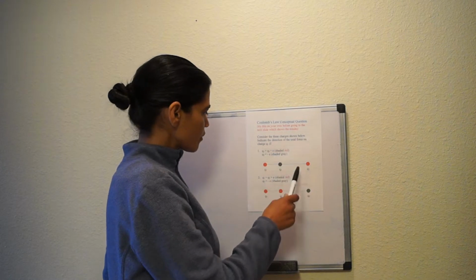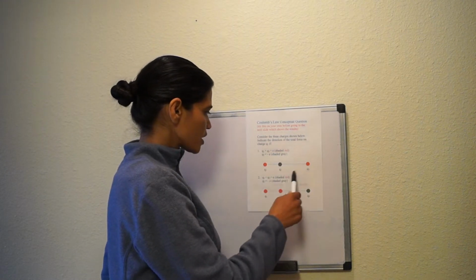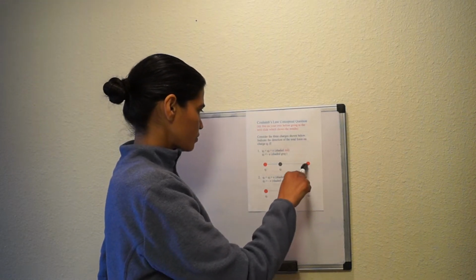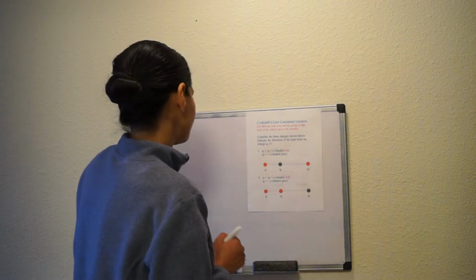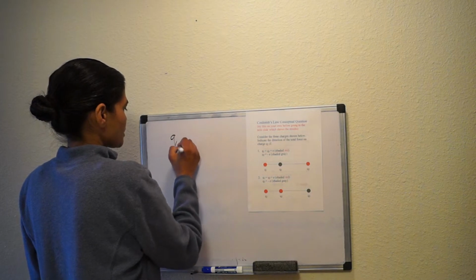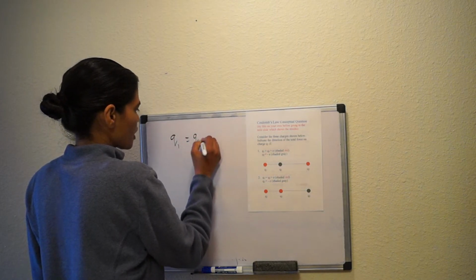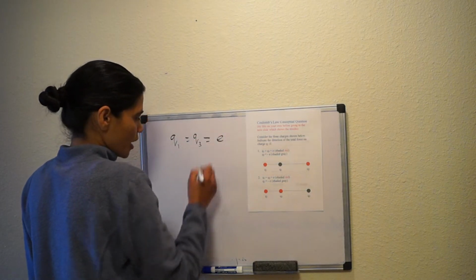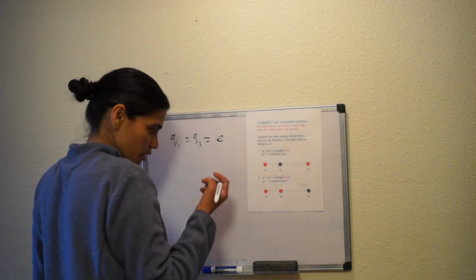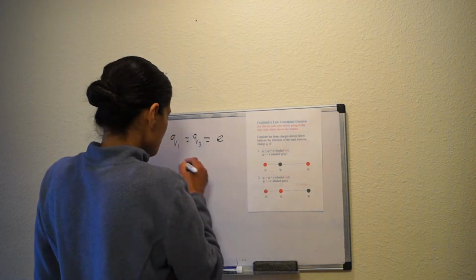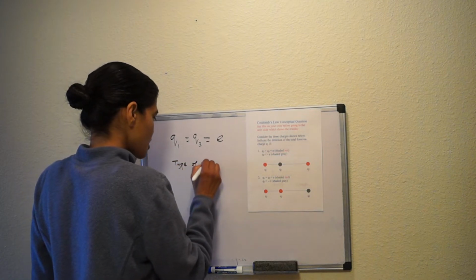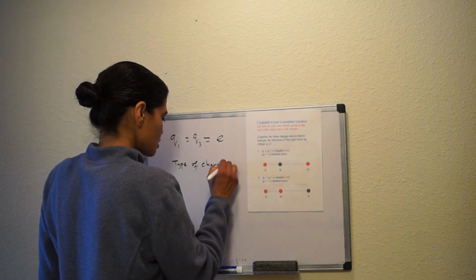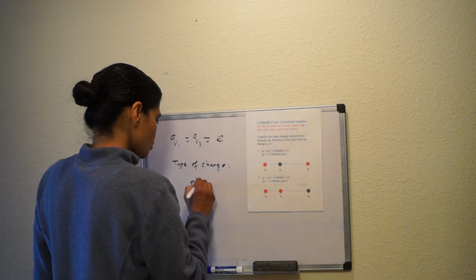Okay, if Q1 and Q3 have the same charge, let's say Q1 equals Q3 equals E. Earlier I think I did not mention that there are two basic types of charge, electron.